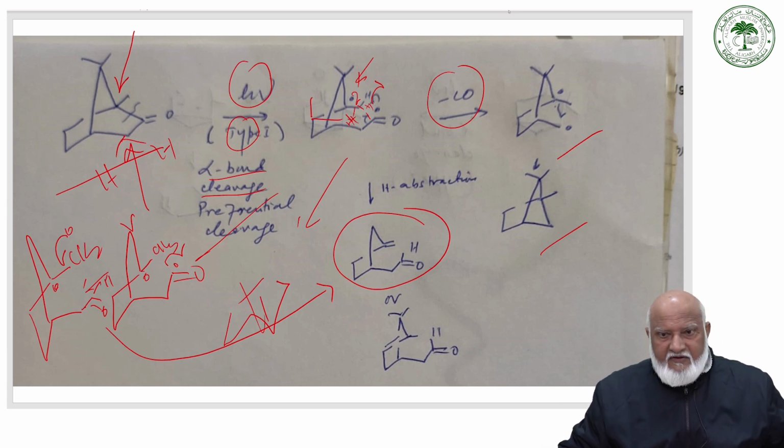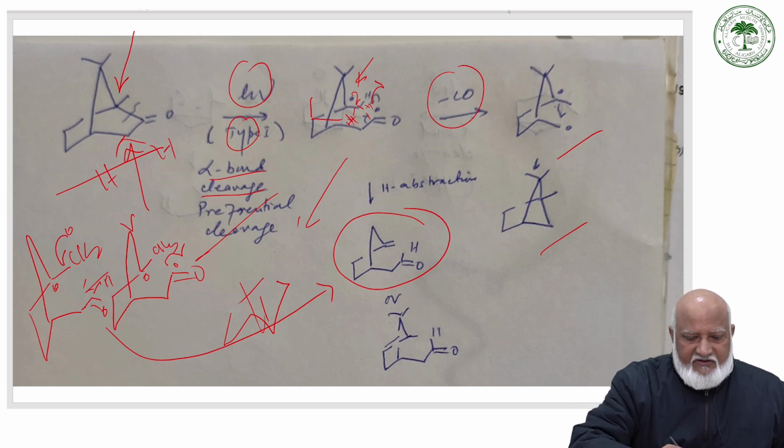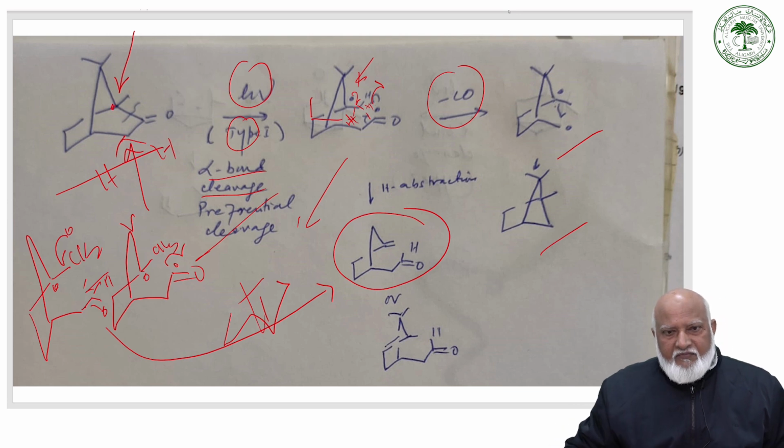Of course, another important factor which may play a role here is the generation of a double bond at the bridgehead carbon. So in this bicyclic system, the carbon that is methyl substituted is going to undergo preferential alpha bond cleavage under photolytic condition, following Norrish type 1 reaction, to give you a more stable radical.